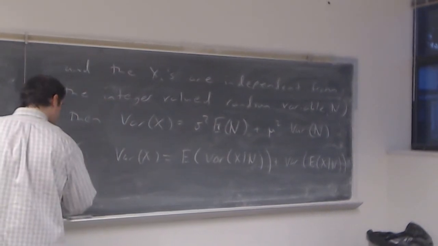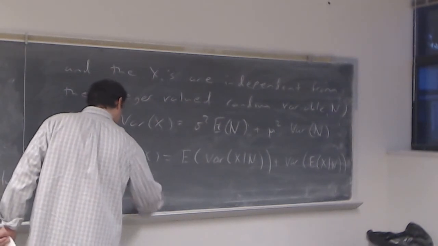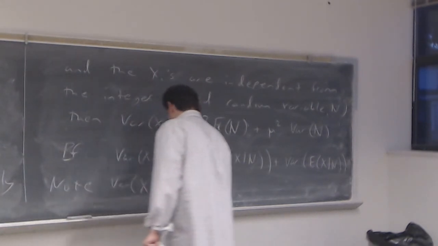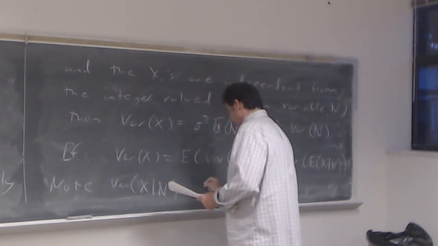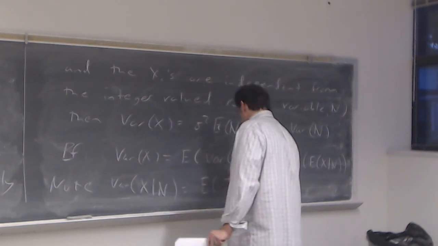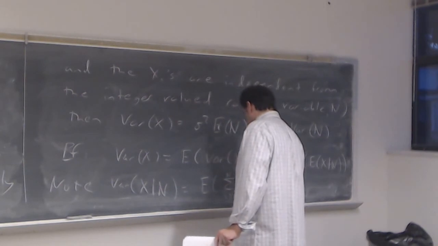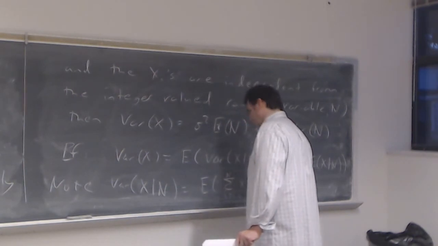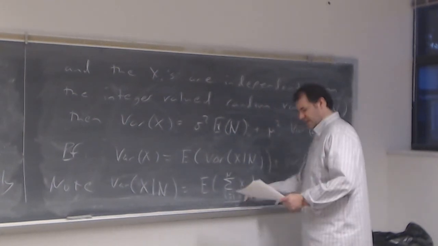So note the conditional variance of X given N is equal to the expected value of, what is X? It's a sum, as i runs from 1 to big N of X sub i's, given N equal to little n, and this guy squared.